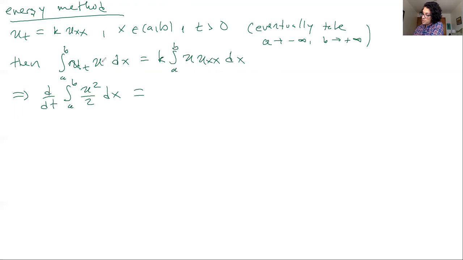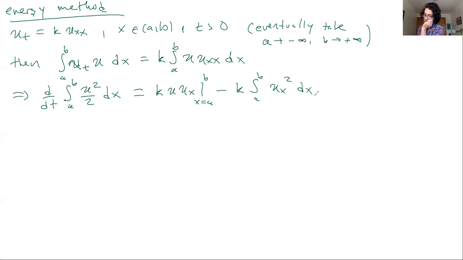So I can change this into a derivative with respect to t of u squared over 2. I can use integration by parts to rewrite the thing on the right as k u u_x, evaluated from x equals a up to b, minus k times the integral from a up to b of u_x squared dx, okay?